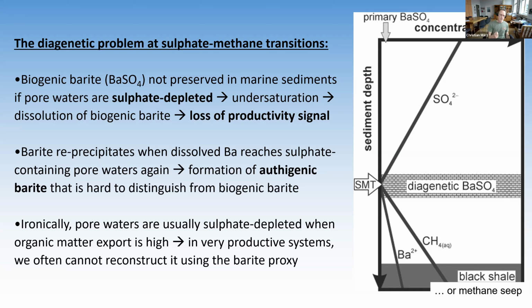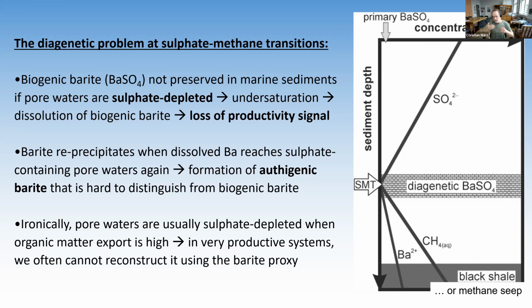And then barite reprecipitates, it dissolves, the dissolved barium diffuses up, meets sulfate again, just above the sulfate-methane transition, reprecipitates as diagenetic barite, and it forms an authigenic barite front. And that is just geochemically very hard to distinguish from biogenic barite.